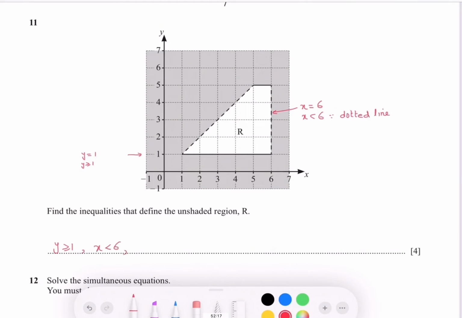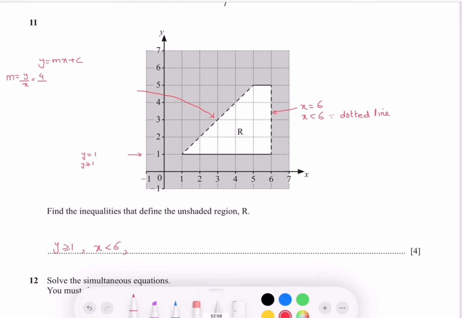Then comes this slanted line. First try to make the equation of this line, y equal mx plus c. So m is your gradient, which can be calculated by just dividing y by x. So make a triangle along this dotted line.